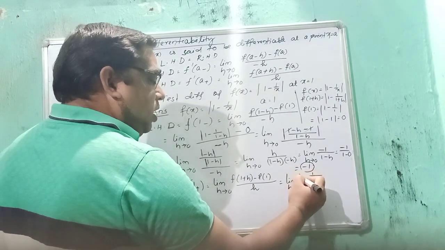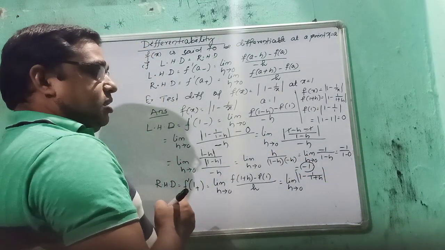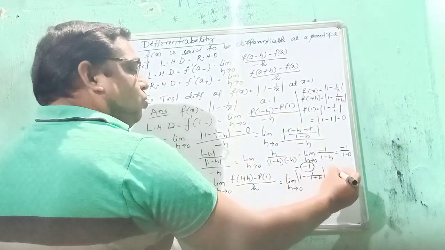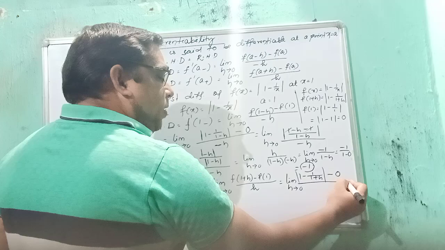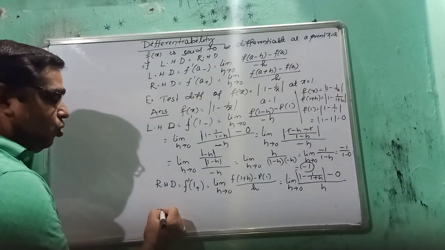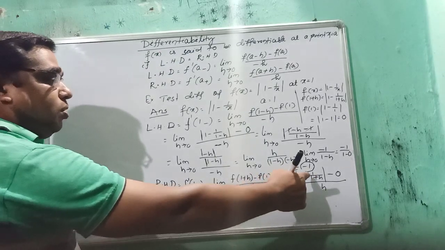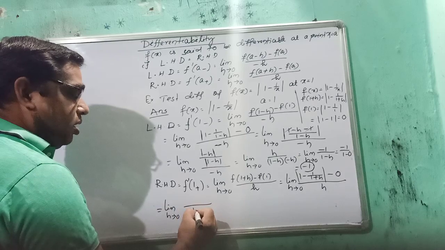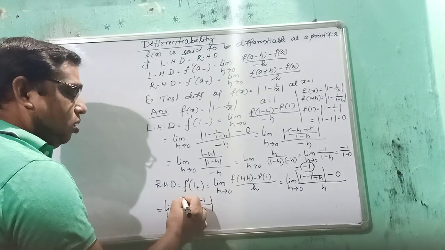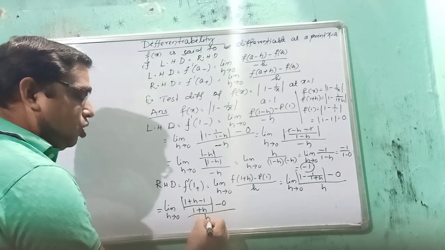Minus f(1), and f(1) is 0, divided by h. Limit h tends to 0. Now take the LCM, which is 1 plus h: modulus of (1 plus h minus 1) by (1 plus h), minus 0, divided by plus h.